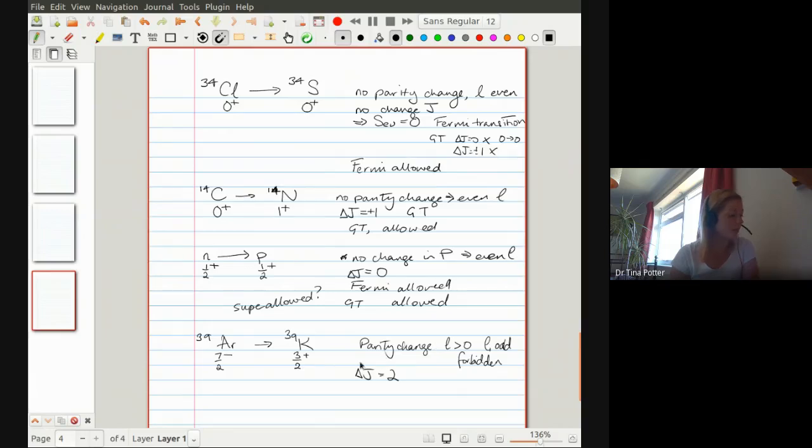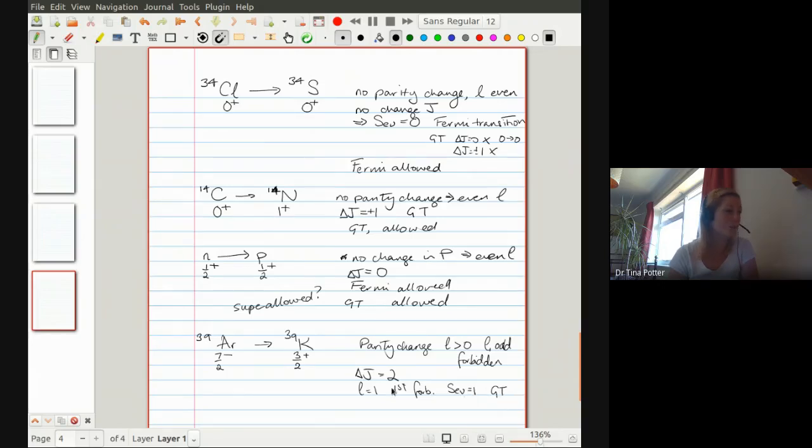So let's have a look at what we could have. Let's have a look at the first forbidden. If we had an L equals 1, so we are going to try a first forbidden, we could have our electron and neutrino system be emitted with spin 1 and give us a Gamow-Teller decay.